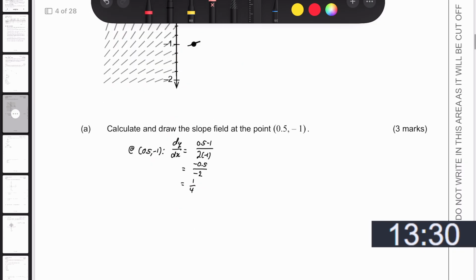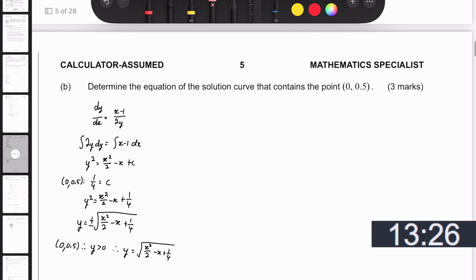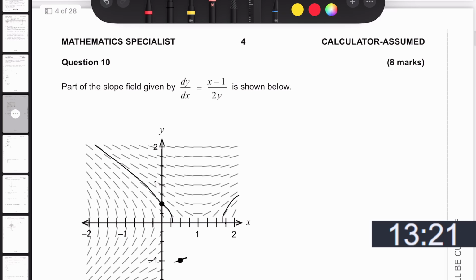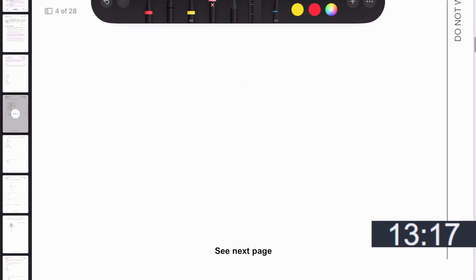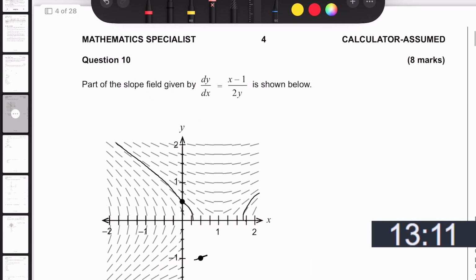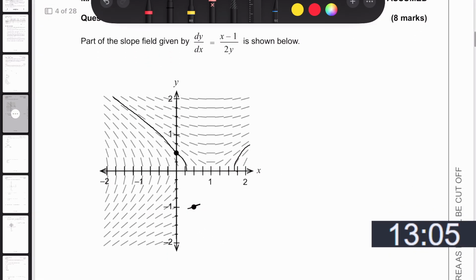Oh god, I'm not sure if I'm going to lose marks for that. Y is greater than that. Part of the slope field.